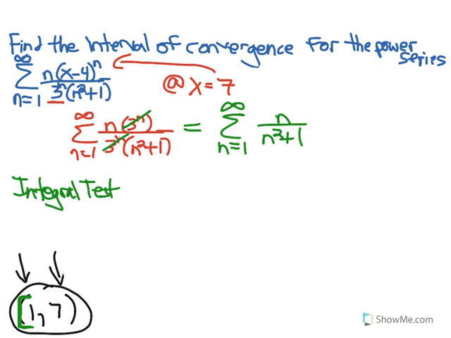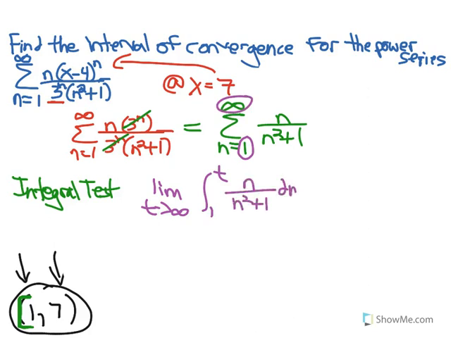So all we have to do is take an improper integral. I'm going to say it's the limit as t goes to infinity of the integral from 1 to t, because our series is going from 1 to infinity, of n over n squared plus 1 dn. This equals the limit as t goes to infinity of ln of n squared plus 1, over 2.